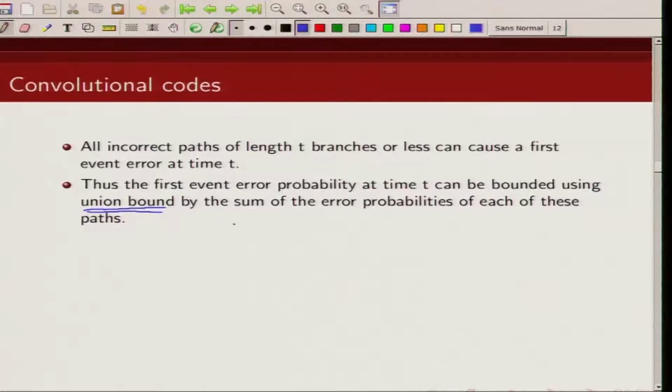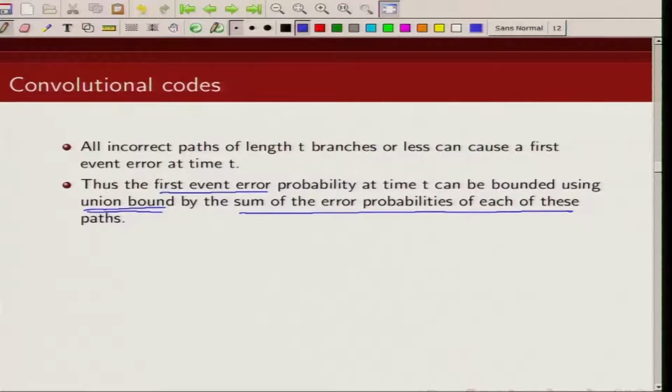So, what does the union bound say? The probability of a union of errors is upper bounded by the sum of the probabilities of error. So, we are going to upper bound this first event error probability by the sum of error probabilities of all these incorrect paths.